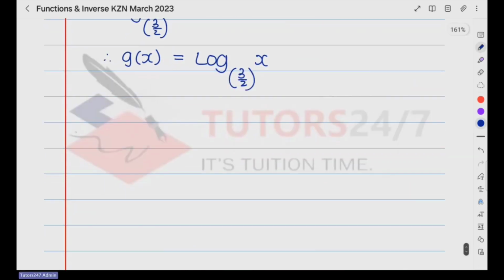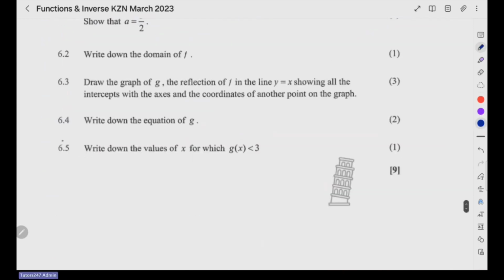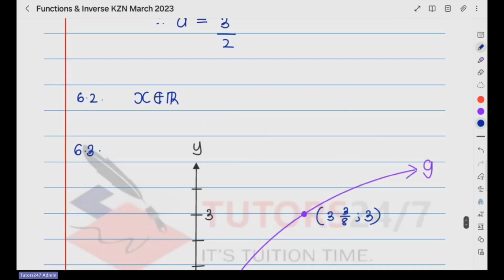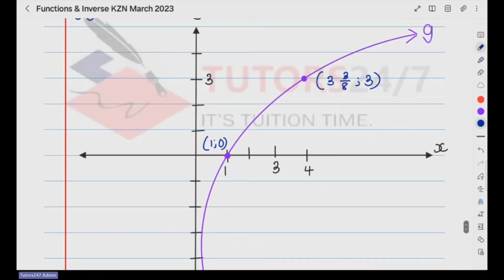Next, let us have a look at question 6.5. Now, question 6.5 states, write down the values of x for which g of x will be less than 3. So if we go to our function, we need to identify which values of x will result in the function being less than 3 on the y-axis.